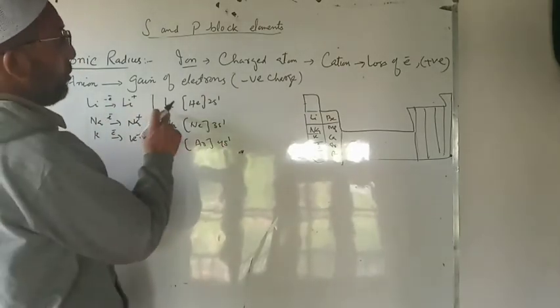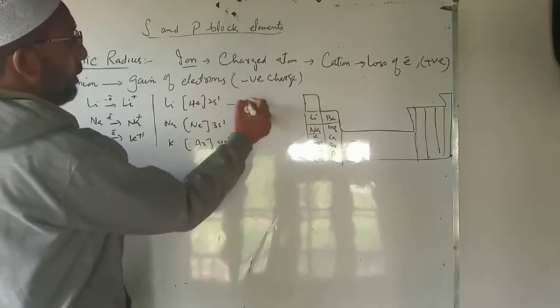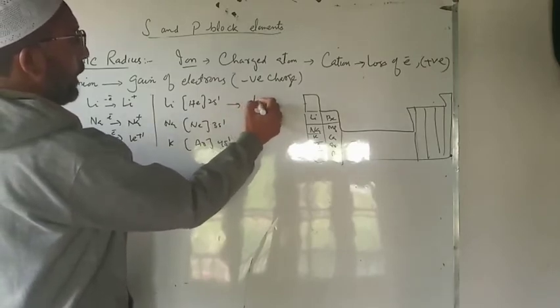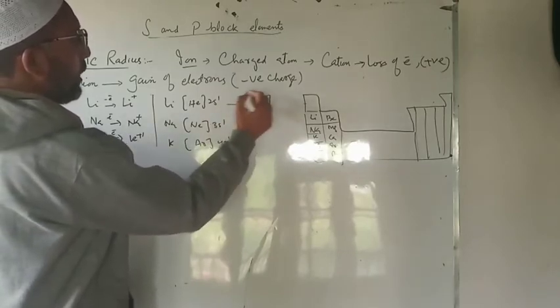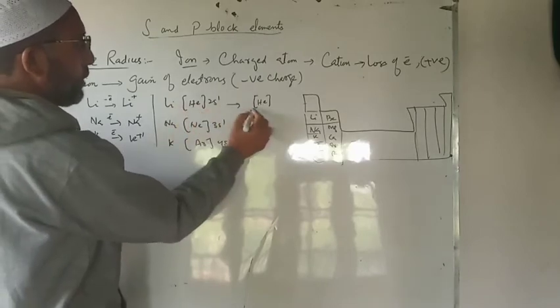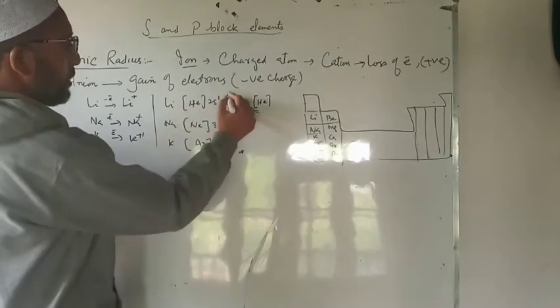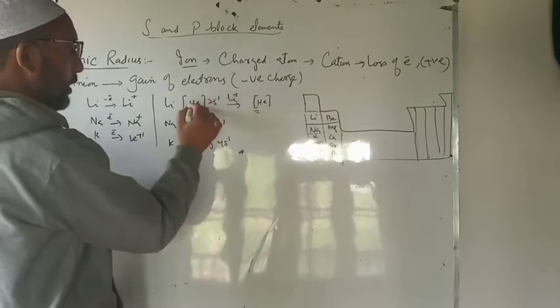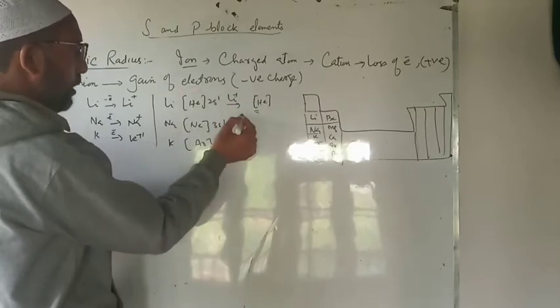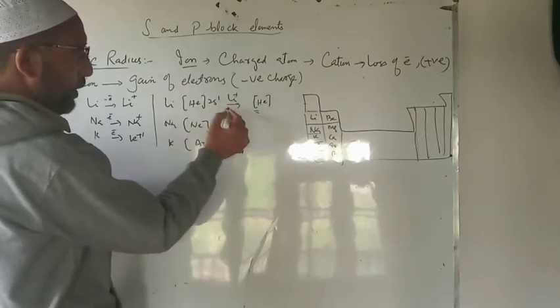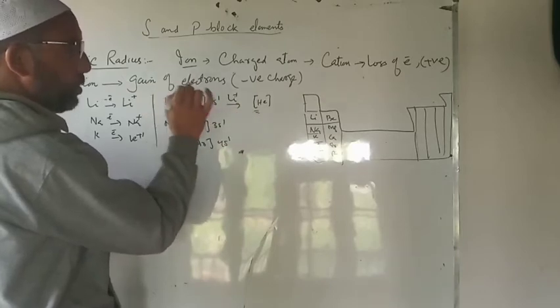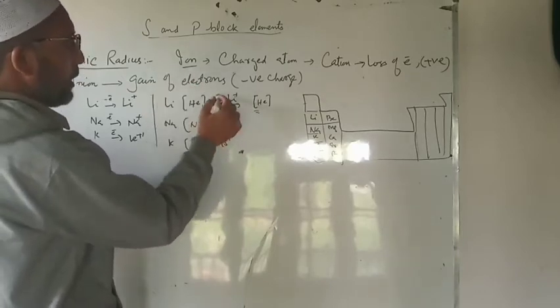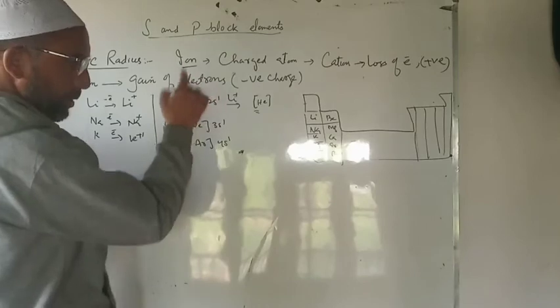So when lithium loses the electron, it will change into lithium ion. That means the lithium atom has got converted into a lithium ion by losing the electron. When electrons are lost, two things happen.